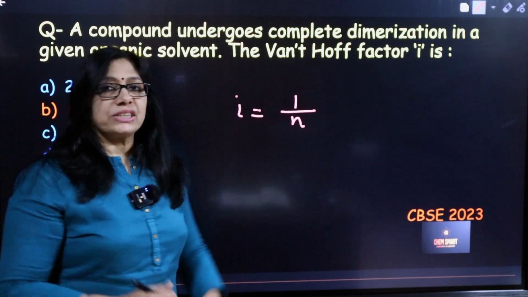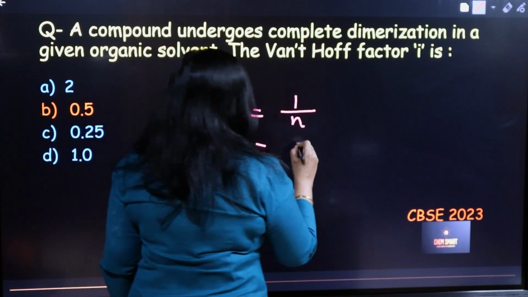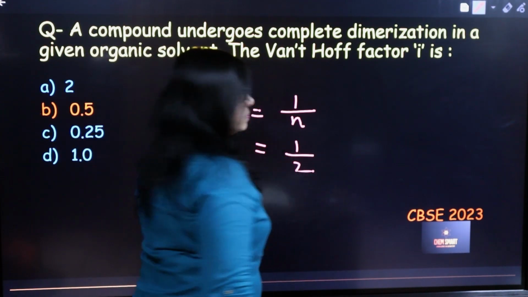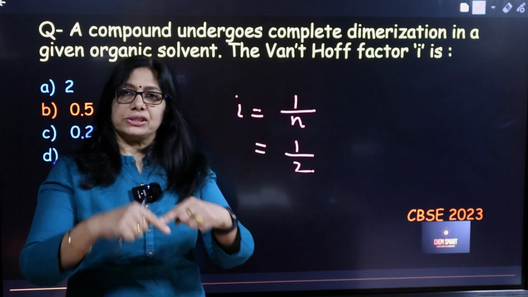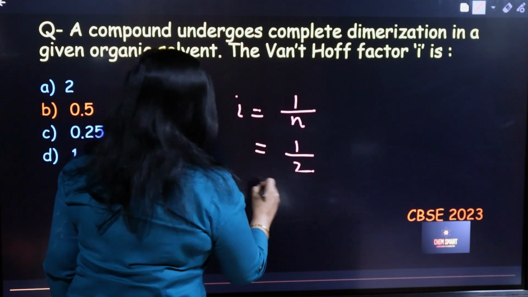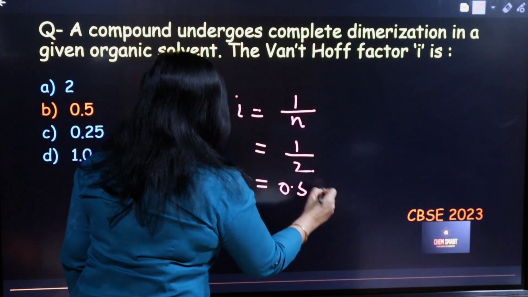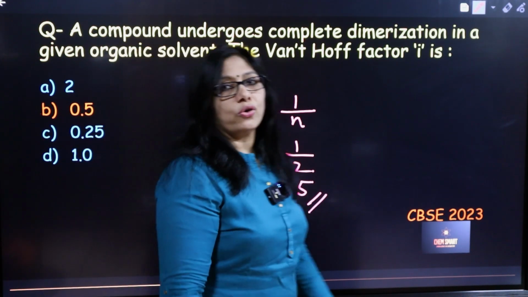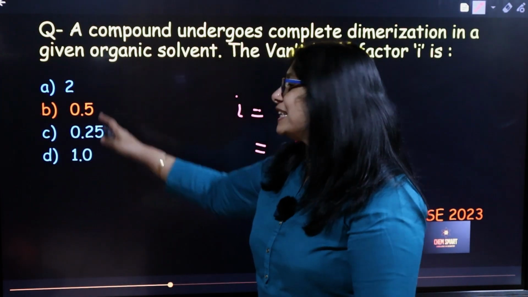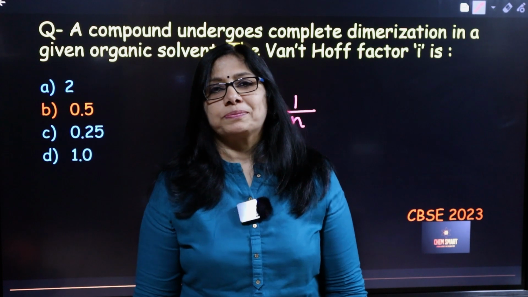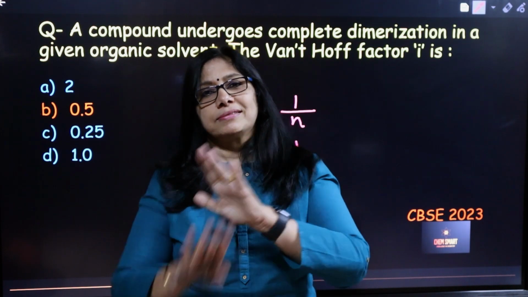So dimerization means it will become 1 by 2, because 2 units are becoming 1. So it becomes 1 by 2, whose value is 0.5. Therefore, your answer for this question is 0.5. 1 mark, done.